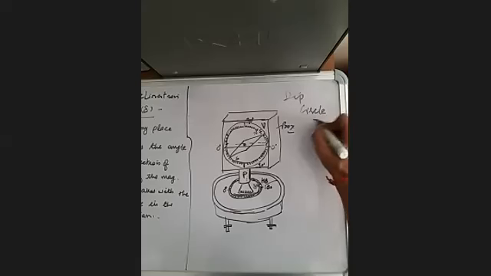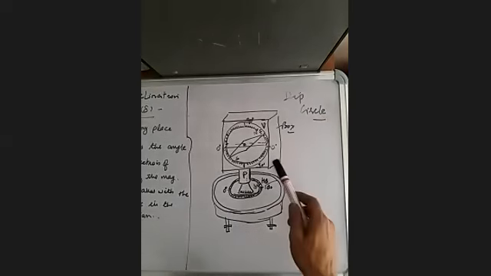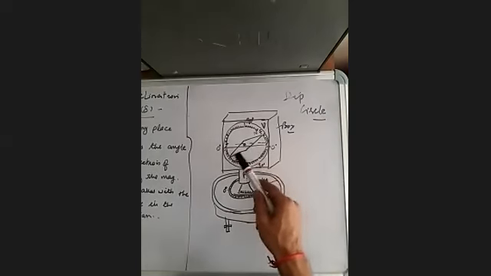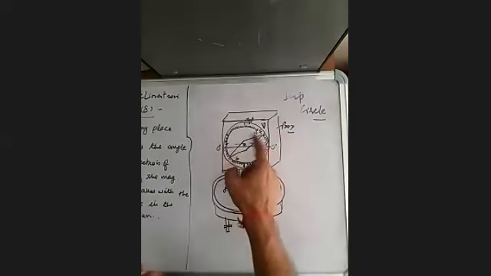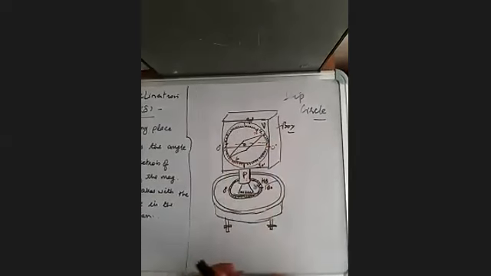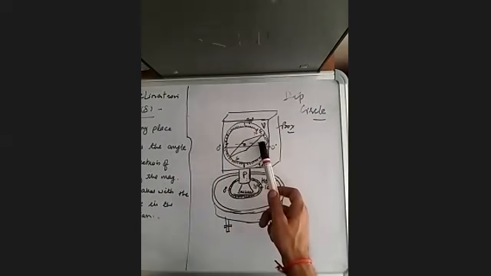Now how to use it? What you do is, first you rotate this box such that the needle becomes vertical, because when you rotate it, the direction of this needle will change and it will become vertical. That means only the vertical component of the magnetic field is acting on this magnetic needle, because the direction of this needle always shows the direction of the magnetic field at that place.